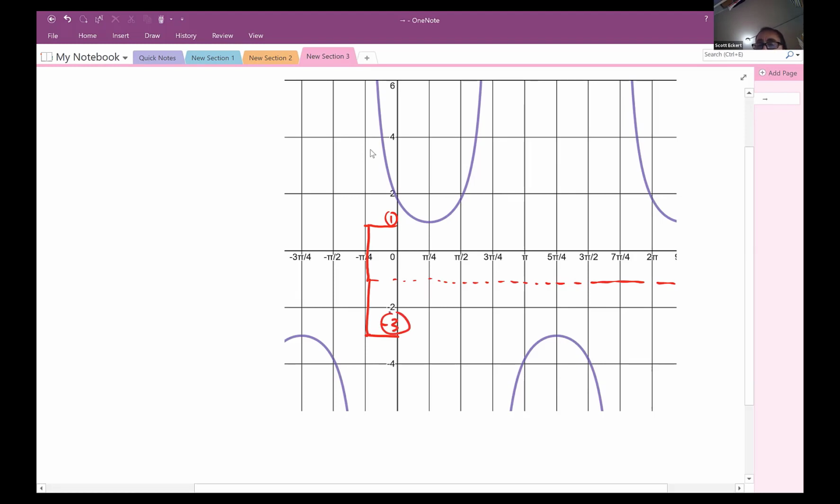And then we figured out the period of the box. It wasn't 2 pi because we had to shift back pi fourths. Okay, so that was the end of the box.